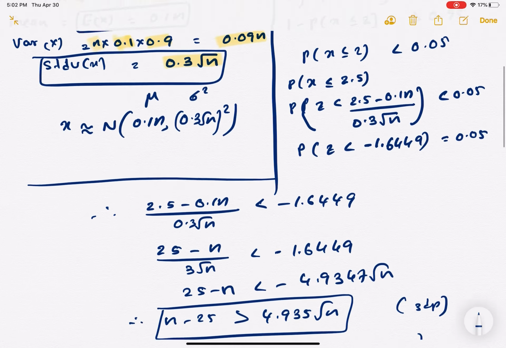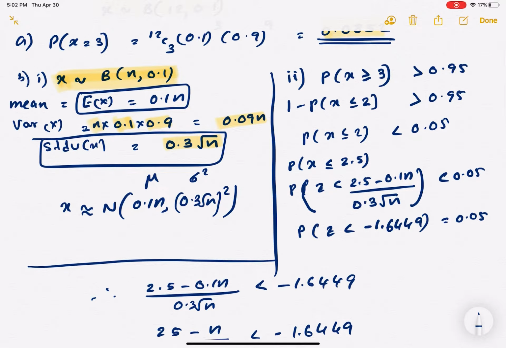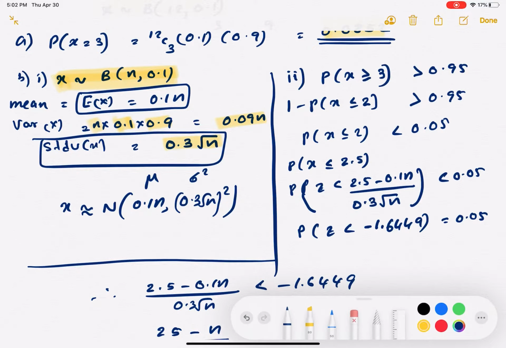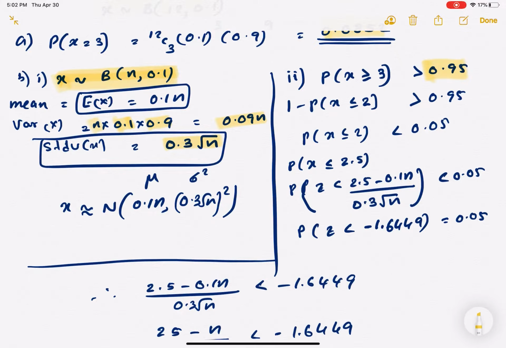So what I did was I have already defined the distribution for x, the normal approximation of course, which is 0.1n comma (0.3 root n) whole thing squared. So when I say x is greater than or equal to 3 to exceed 0.95, over here below we can convert this probability as 1 minus P(x less than or equal to 2), and when we simplify that we come across this inequality, which gives us that P(x less than or equal to 2) is less than 0.05.